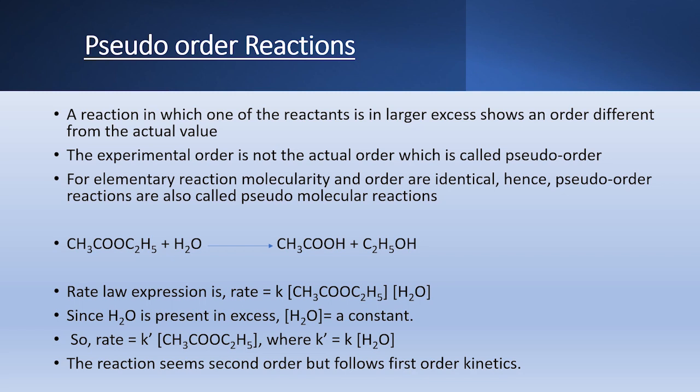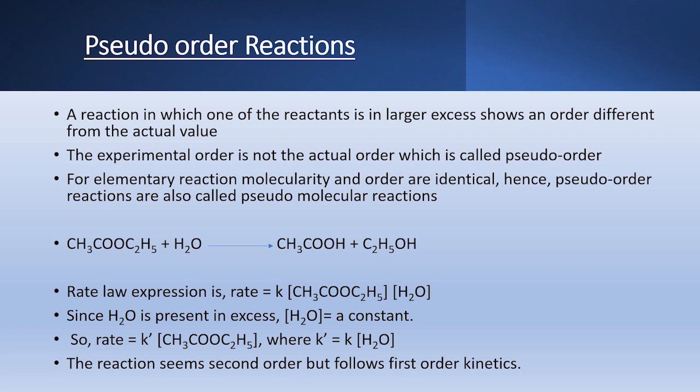The hydrolysis of an ester is an example of a pseudo-order reaction, and the rate law expression for this hydrolysis of ester we can write as rate constant times concentration of ester times concentration of water. Here we have taken ethyl acetate as the ester.